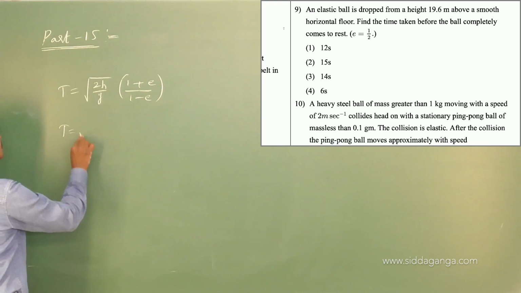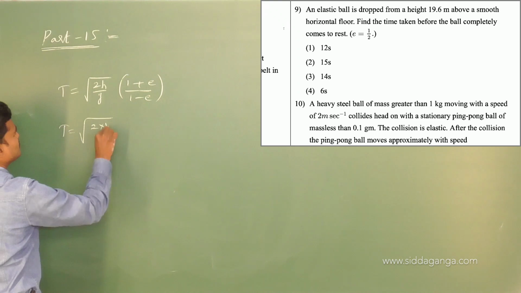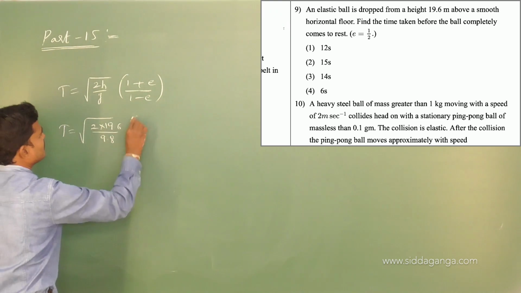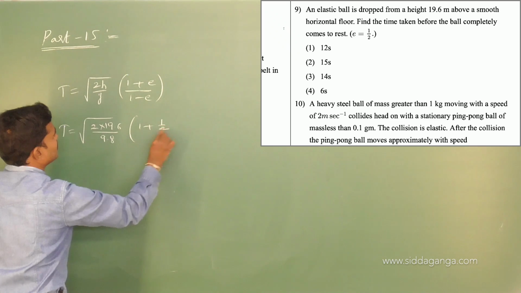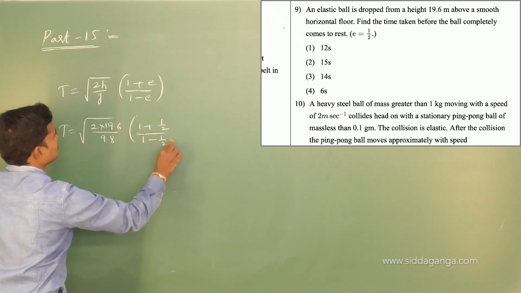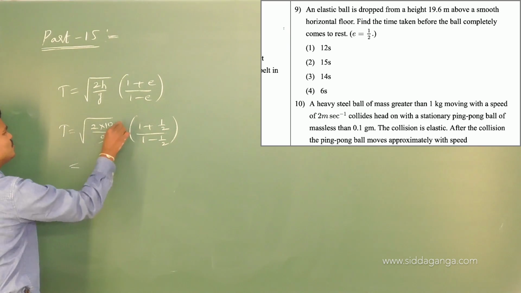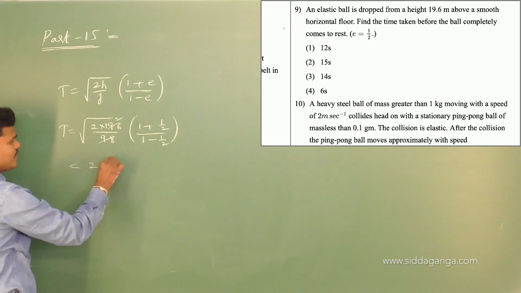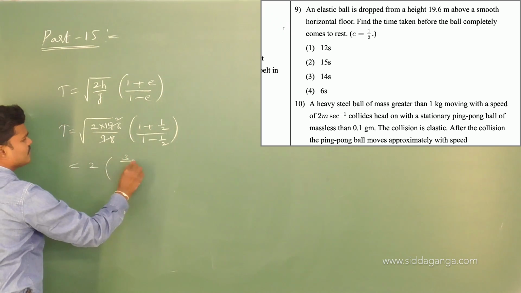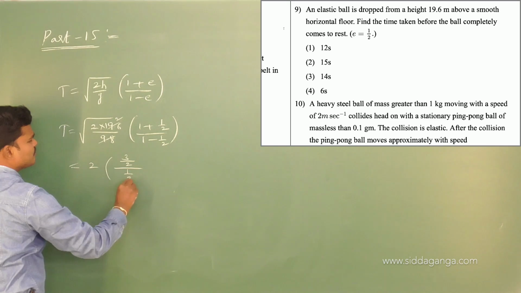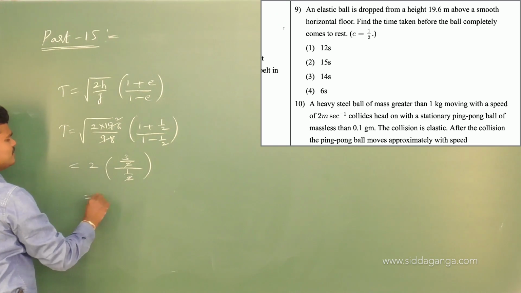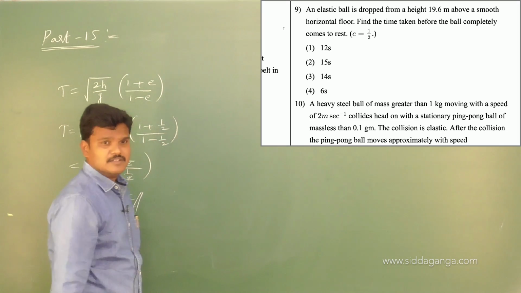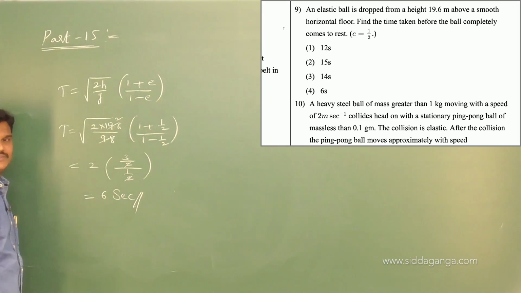Now t equals root of 2 into 19.6 divided by 9.8, times 1 plus 1 by 2 over 1 minus 1 by 2. So 2 into 2 is 4, it becomes 2, and 1 plus 1 by 2 is 3 by 2, and 1 minus 1 by 2 is 1 by 2. So the answer is 6 seconds. It is going to come to rest in 6 seconds.